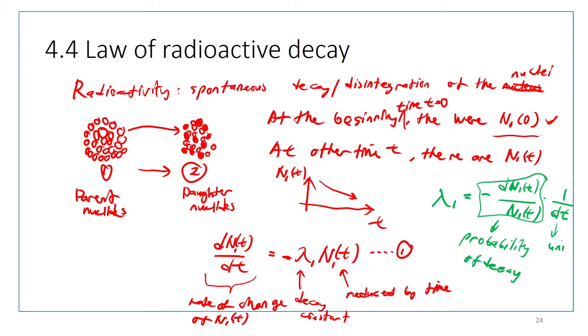This is by dividing this part with dt, which is the unit time. Lambda, the decay constant, its meaning is the probability of decay per unit time.